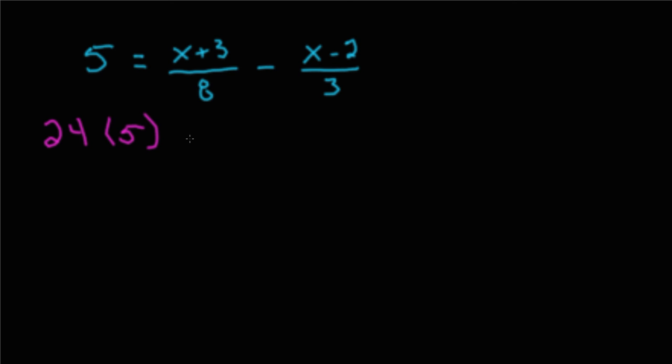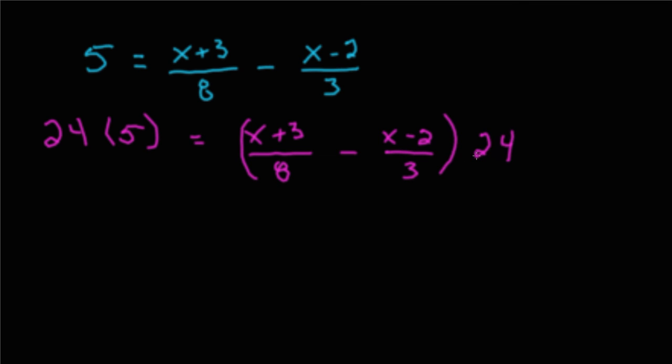So 24 times 5 is equal to (x plus 3) divided by 8 minus (x minus 2) divided by 3, the whole thing times 24. Well, 24 times 5 is 120. Is that right? Yeah, it's 120.